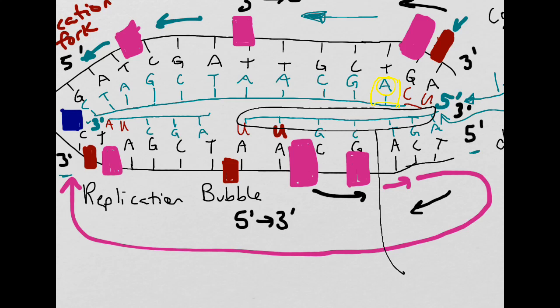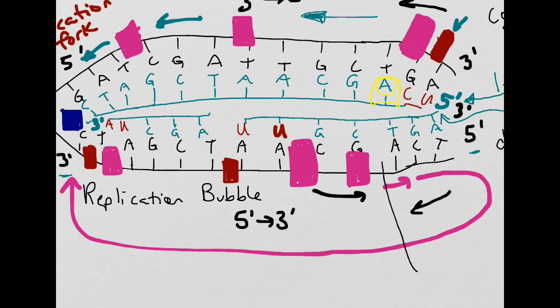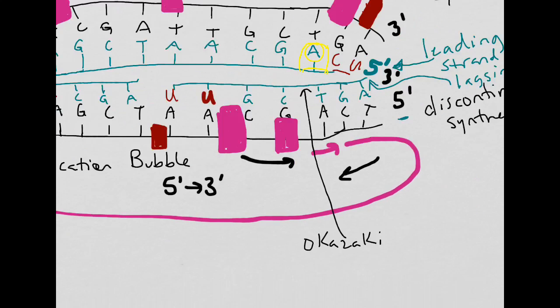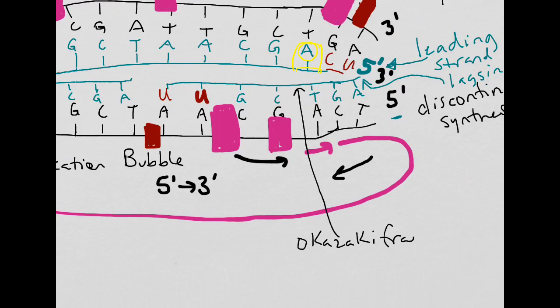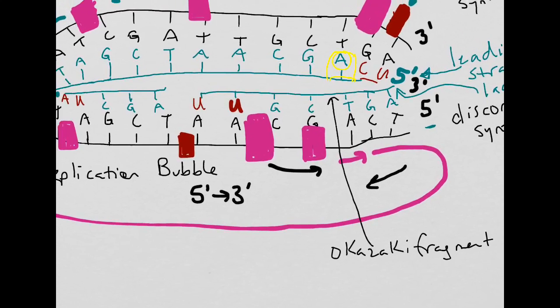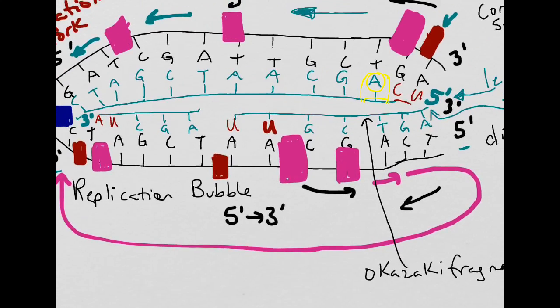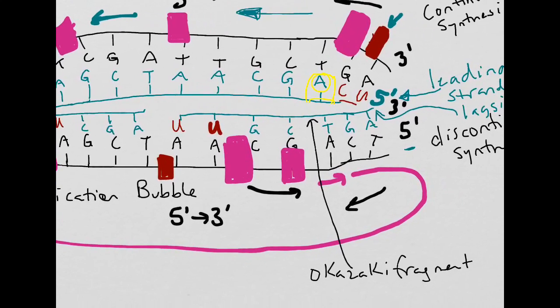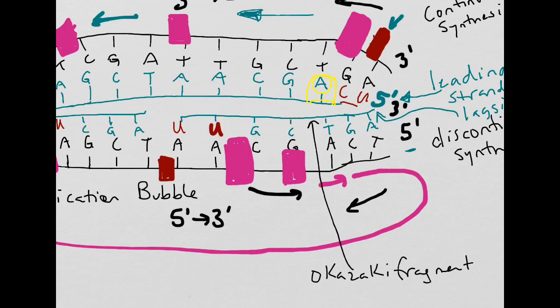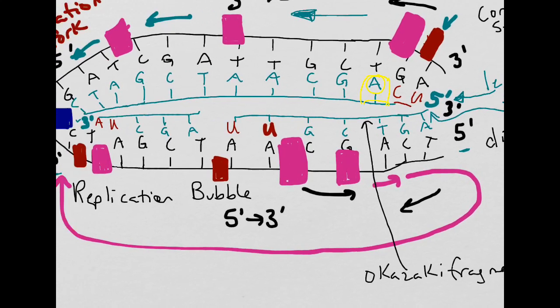I'm going to undo it just so that you can see it. It's called an Okazaki fragment. Okay, so fragments of DNA that are built by discontinuous synthesis, and they need to be joined together.